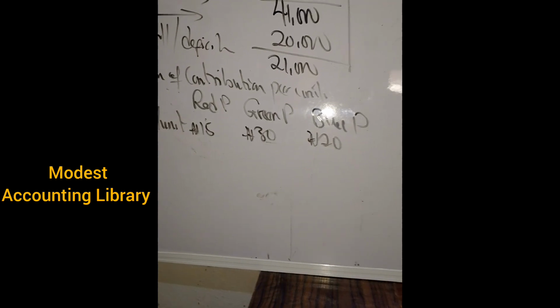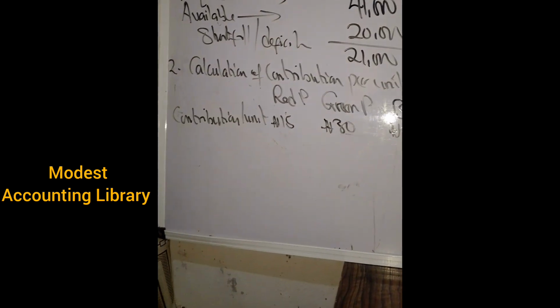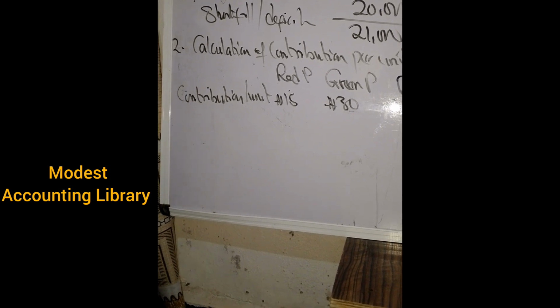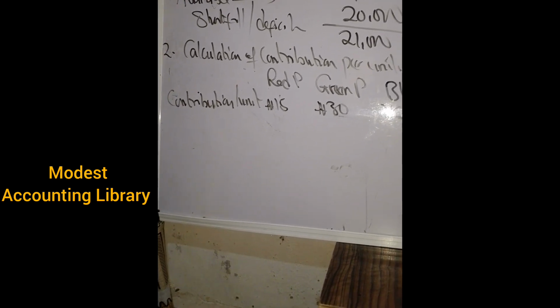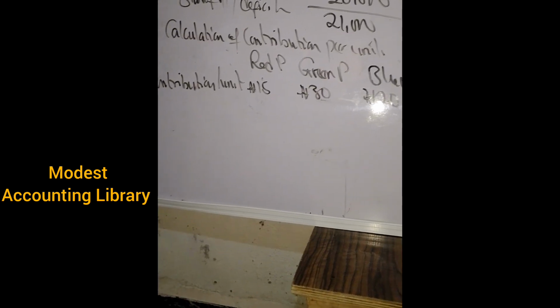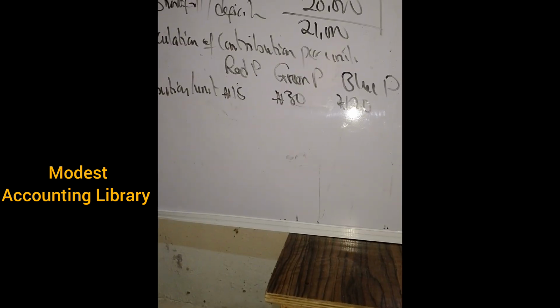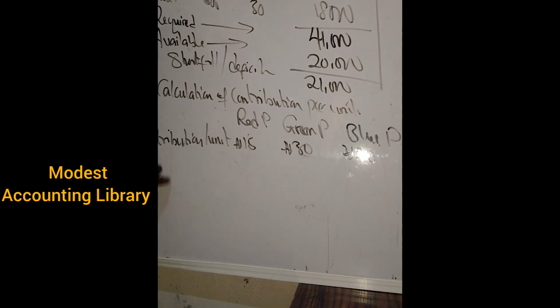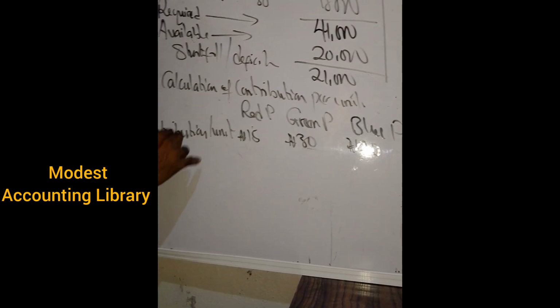Now we are going to bring the hours per unit that we have also been given in the question. They told us that hours per unit for red P is 15, for green P is 10 hours, and for blue P is 30 hours. So 15, 10, 30 is hours per unit.